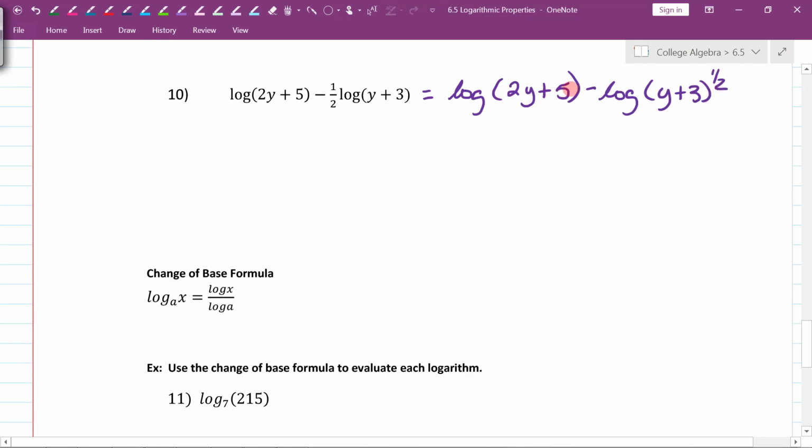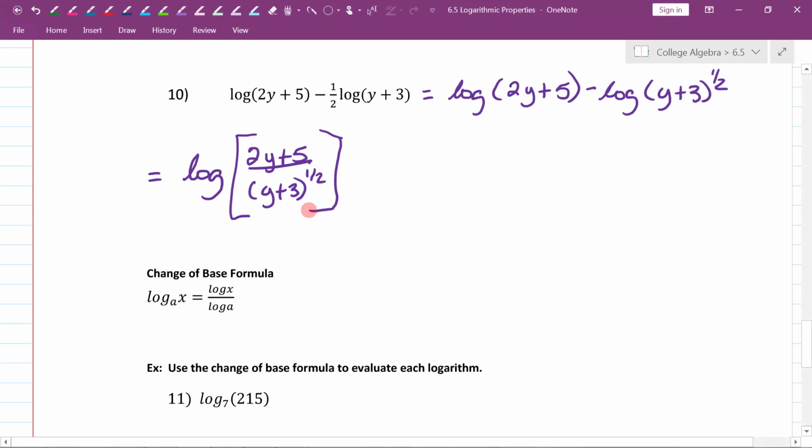Now this is a factor and this is a factor. Same base. So now we're going to connect these through division. So this is going to be equal to log of 2y plus 5 divided by y plus 3 to the 1/2 power. And all of that is with the log right there.